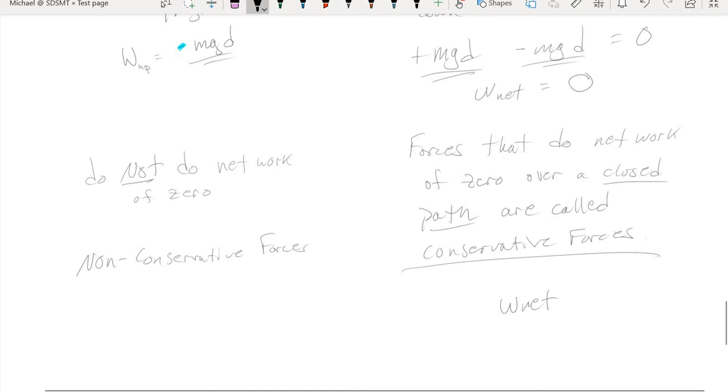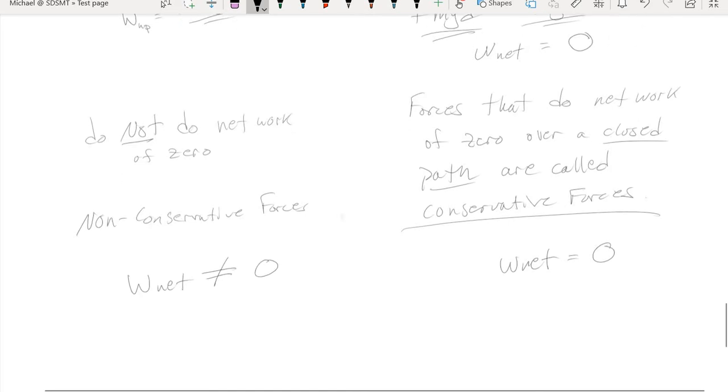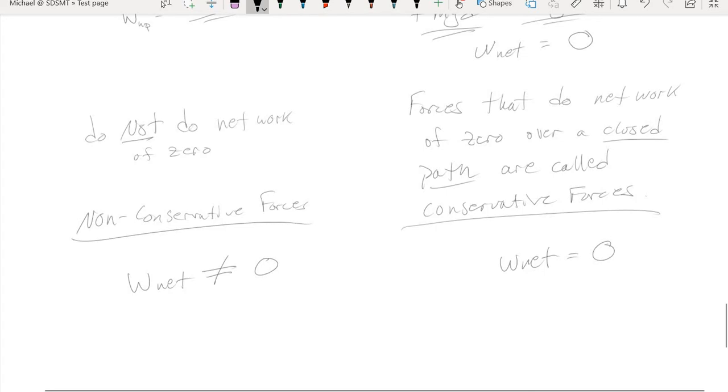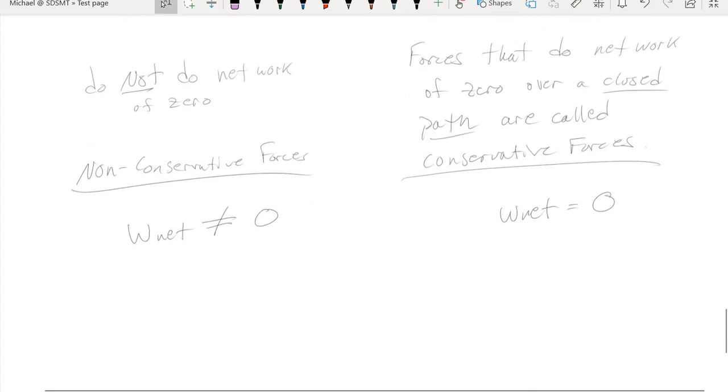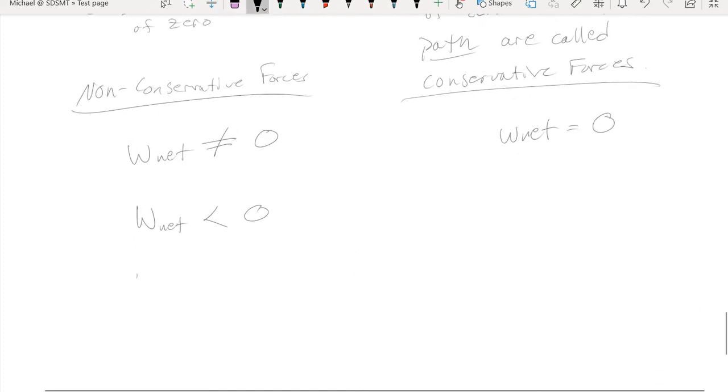So conservative forces will have net work of 0 over a closed path. Non-conservative forces will not do net work of 0. In fact, non-conservative forces will actually do negative net work.